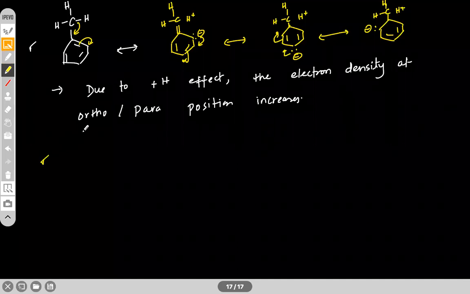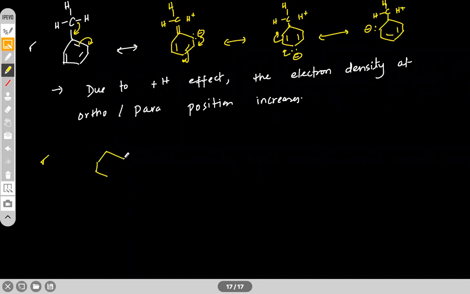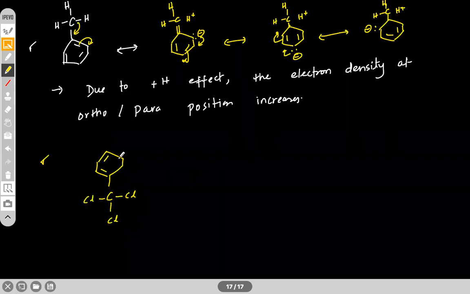Another example, you see, if you have chlorine attached on the carbon, that is minus H effect. So minus H effect is this, suppose. Here we have CCl3 attached. Double bond, double bond, double bond. This shows minus H effect. We have already discussed it.